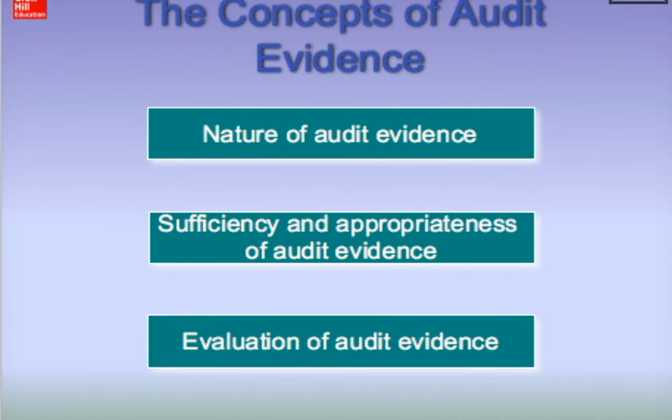So there are 3 main important concepts related to audit evidence. We'll talk about each of them in more detail in the next 3 slides. But they are the nature of audit evidence, sufficiency and appropriateness of audit evidence, and evaluation of evidence.